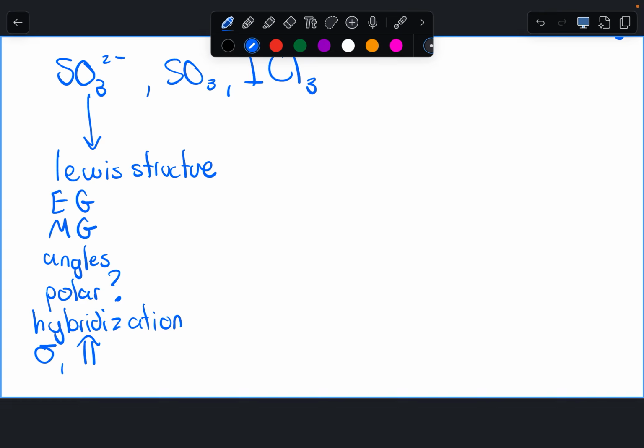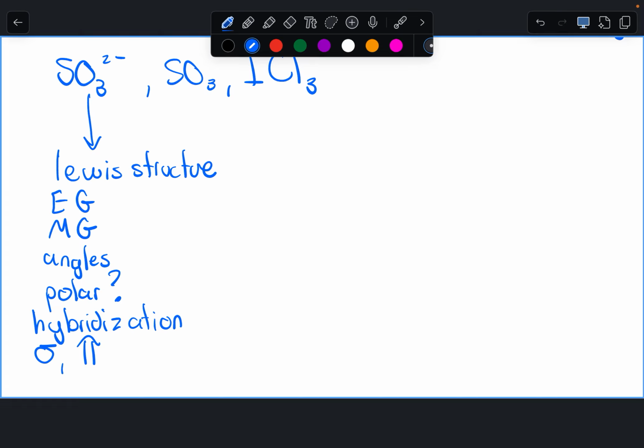But what if one was a fluorine? Then it definitely would be polar, because you can't cancel them out if they're different things, just like we showed with HCl. So there's an exception to no lone pair if you have more than two different elements on the outside, yeah.